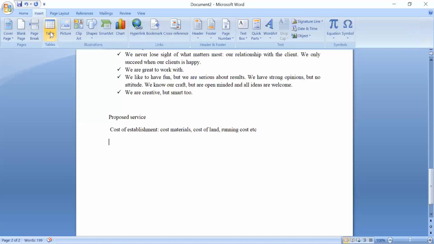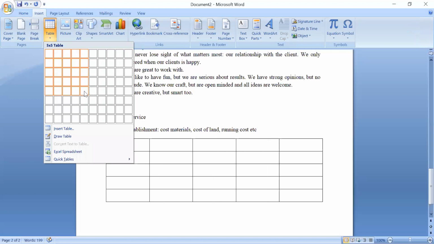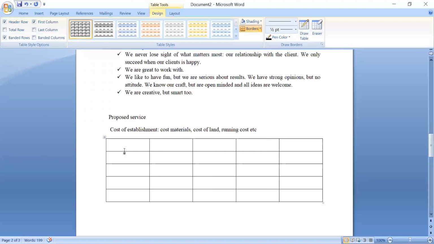Inside the table, just say we go this way. Just look at it. Materials, that's things you need. Amount, or let me use cost. The cost. Quantity. Then total.